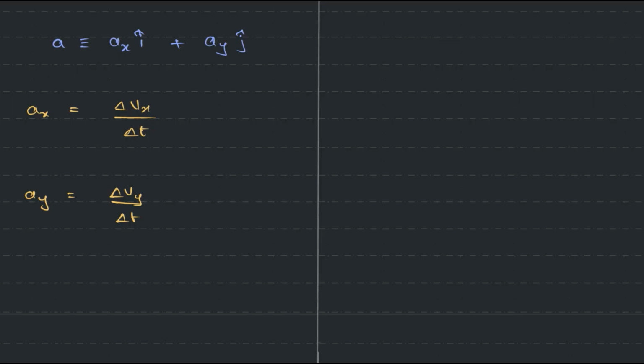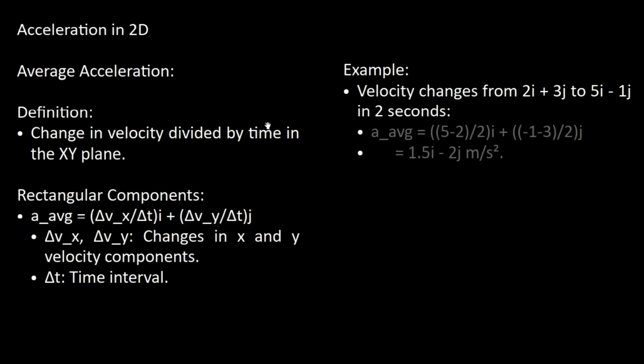Oh, so sorry, by the way, this is average. All this is average. Instantaneous will be after this. Okay, so that's your basic funda. So if you substitute that, we'll get this particular expression.